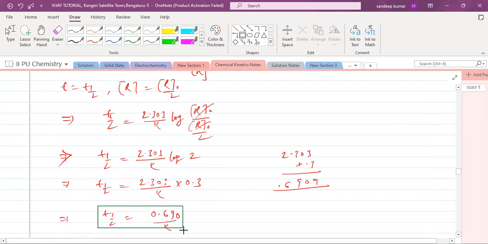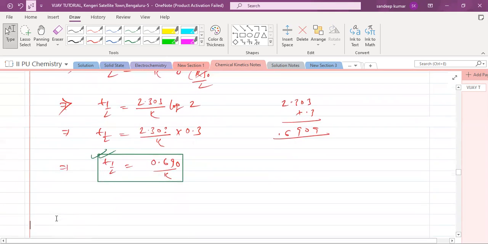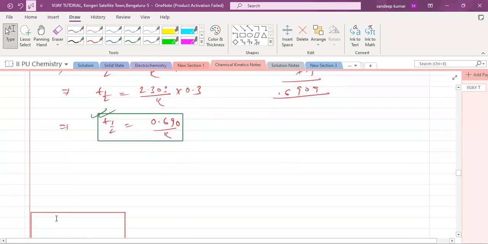Here you can see in this expression there is no initial concentration. T half is independent of initial concentration. So they may ask you the graph between initial concentration and T half. As you can see, there is no term of concentration here.